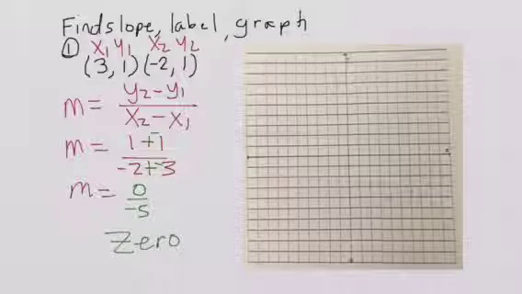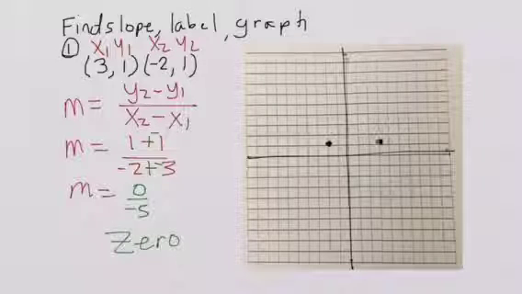We're going to go to graph it. We're going to start with our first pair, so it's going to be 3, 1, negative 2, 1. Starting at the left, we're going to use our slope.